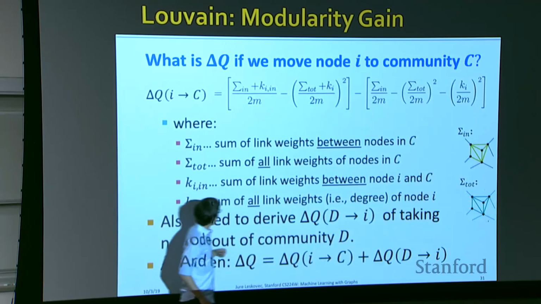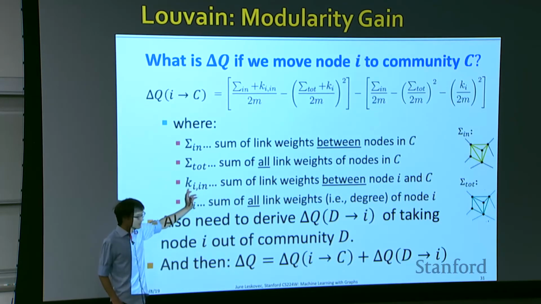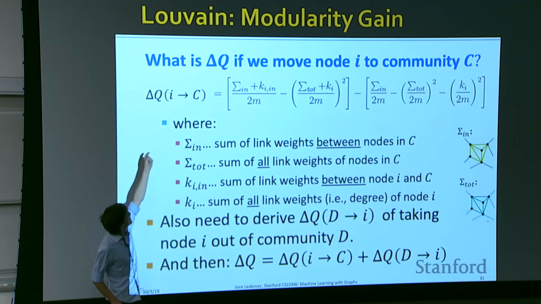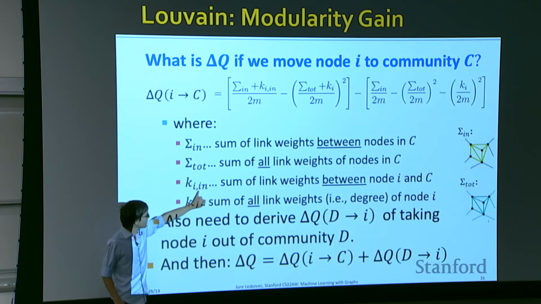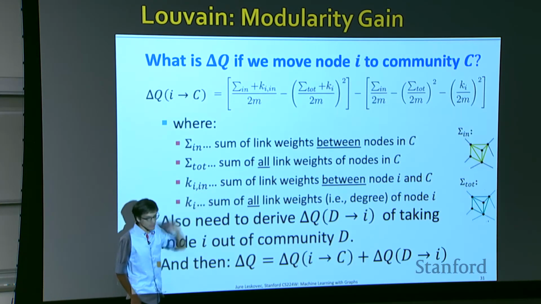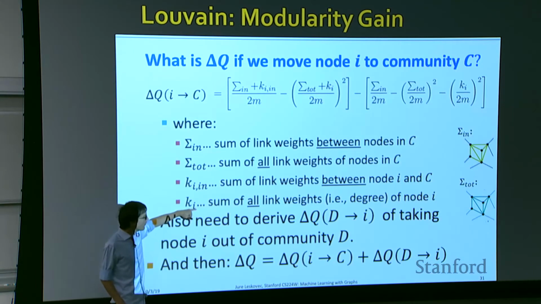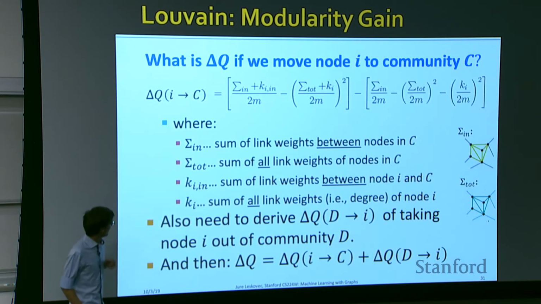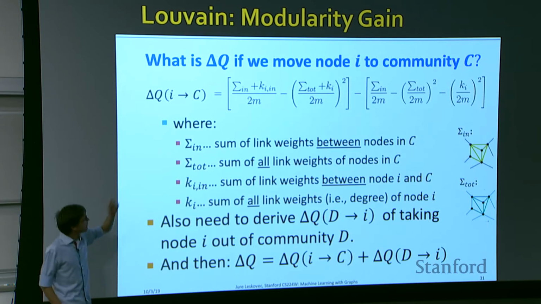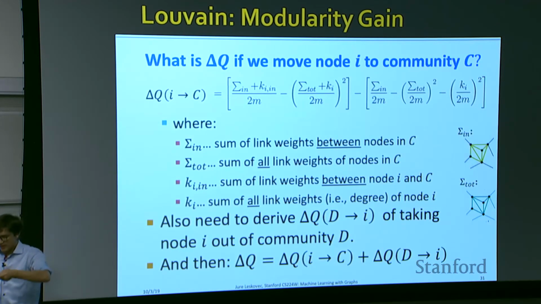And then for the node I that I'm interested in moving into C, I ask how many links are pointing into C, and how many links in total does the node have. This is for asking how much modularity will change if I take I and move it into C.